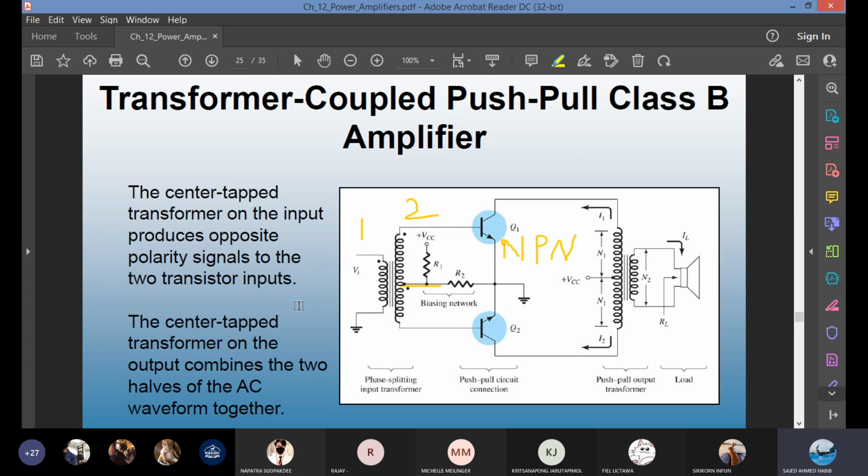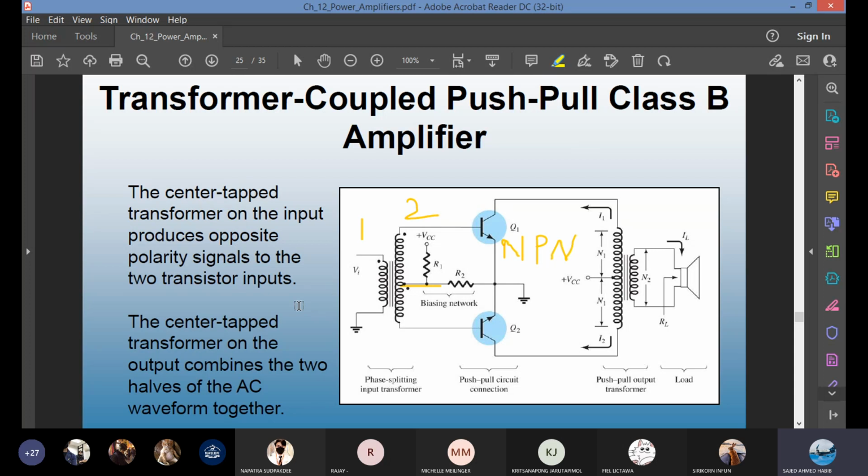Why the name push-pull Class B? One transistor pushes the output voltage up, which means you are going to get the positive output during one of the half cycles.